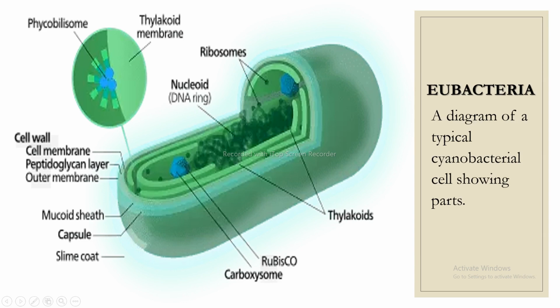This is the capsule, and this is the slime coat, and this is the thylakoid membrane as shown in the figure, and the next is the phycobilisome. So this is the whole diagram of a typical cyanobacterial cell, showing its different parts.